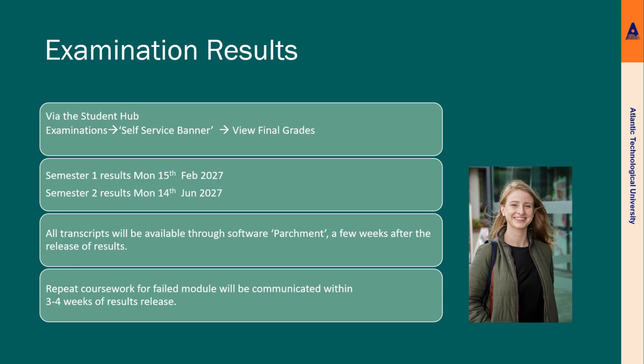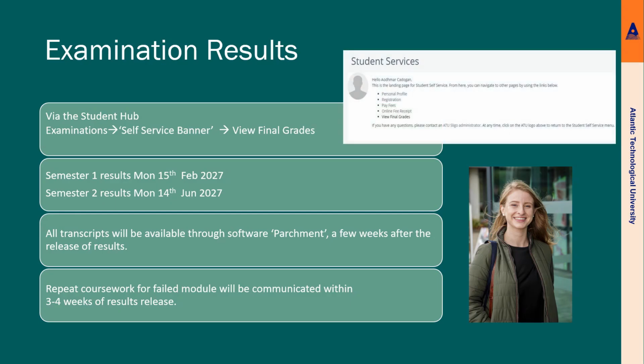Results will not be emailed to you, and lecturers cannot give you the results orally. If you have fees outstanding, you won't be able to access your results either. So, in the Student Services portal, there's the final grade option there. You will be able to go in and see your results.